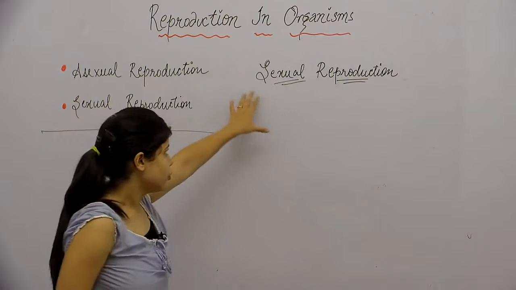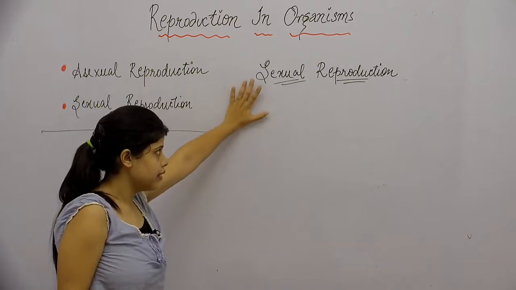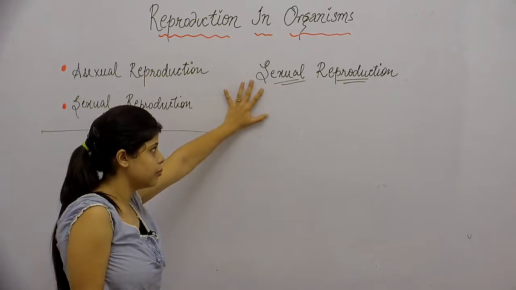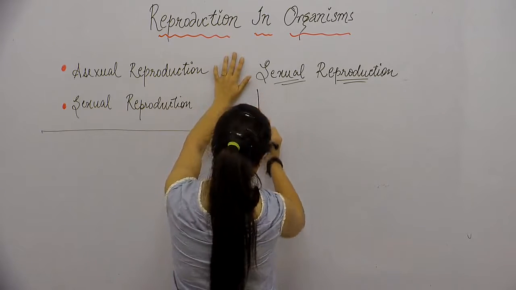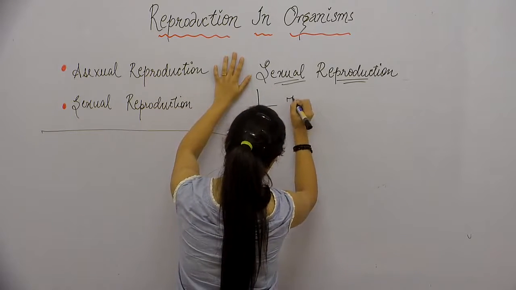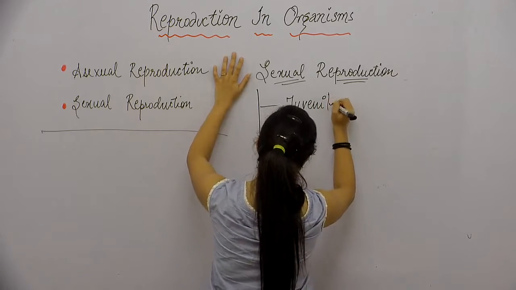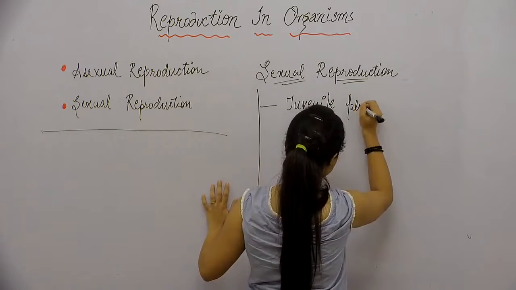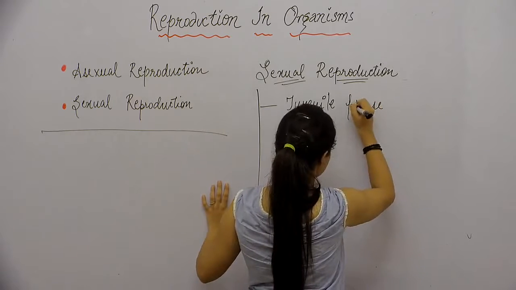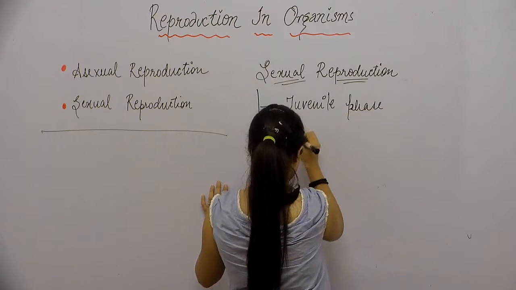Right. So there are three phases in sexual reproduction. The first phase is known as the juvenile phase. The second phase is known as the reproductive phase.